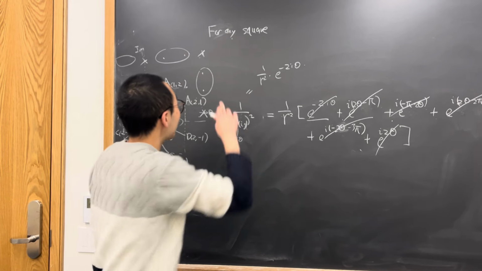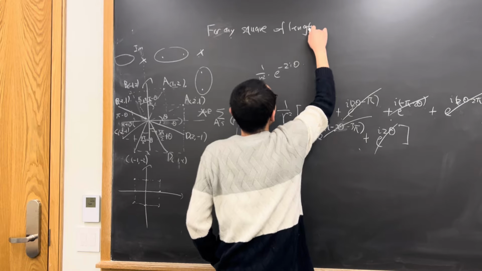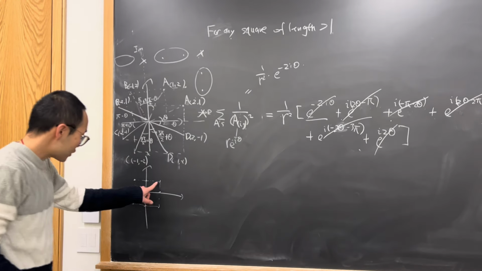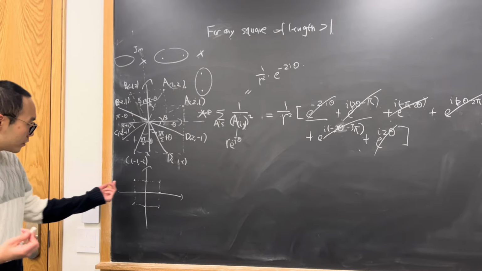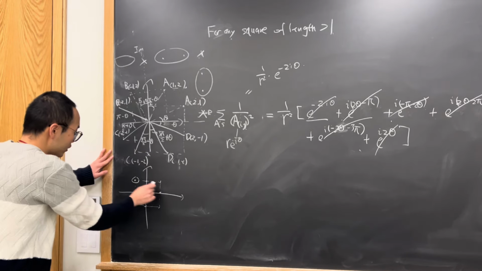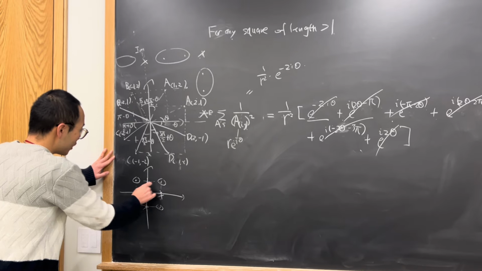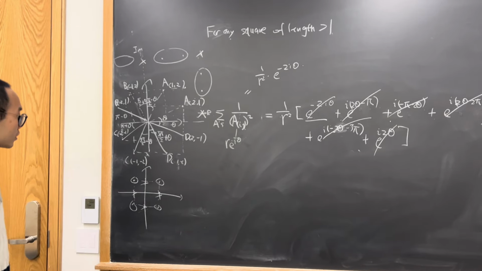So for a square loop of length, let's say, bigger than 1. On length 1 there's no inside, it's just the corner and the axis points, so there's nothing else.